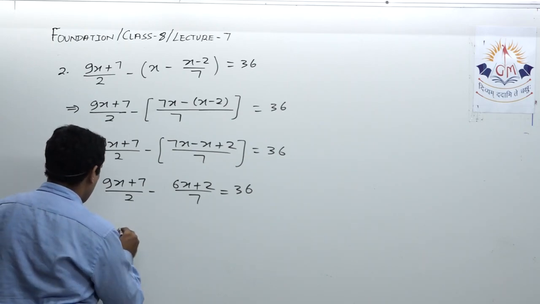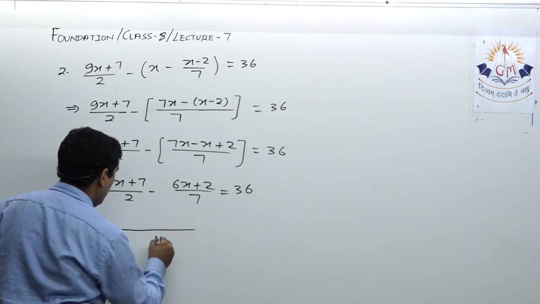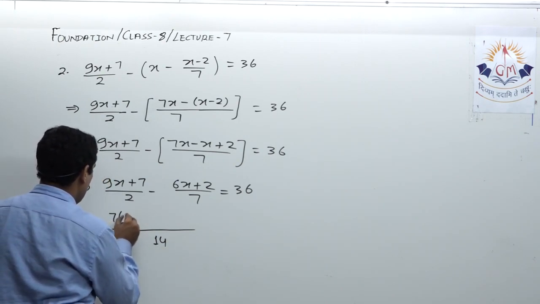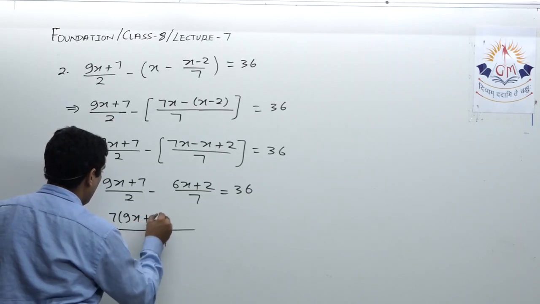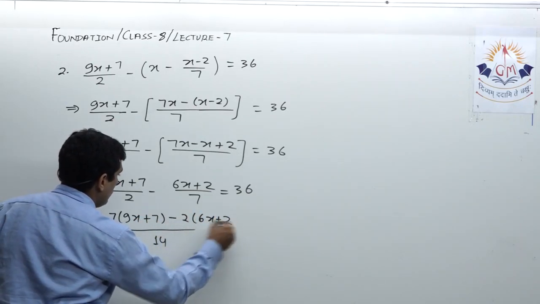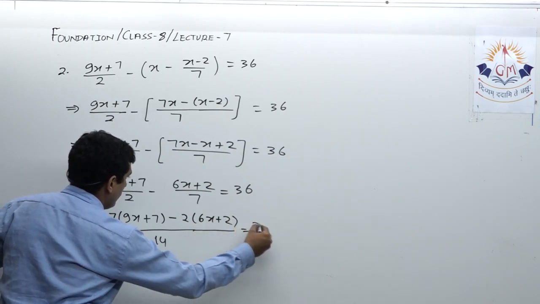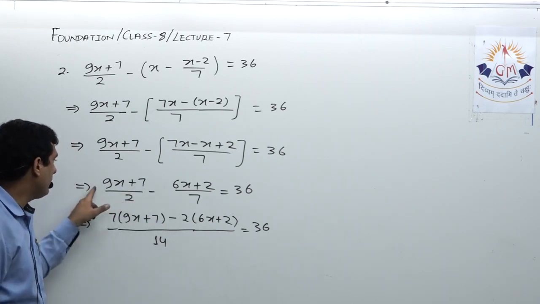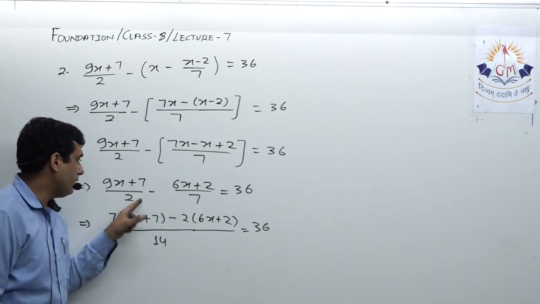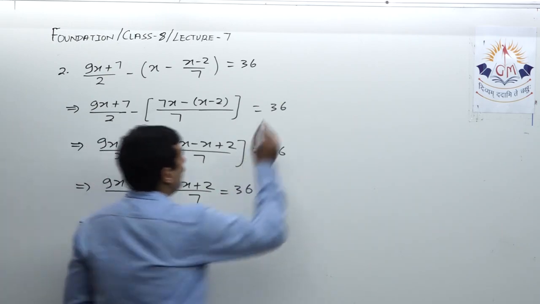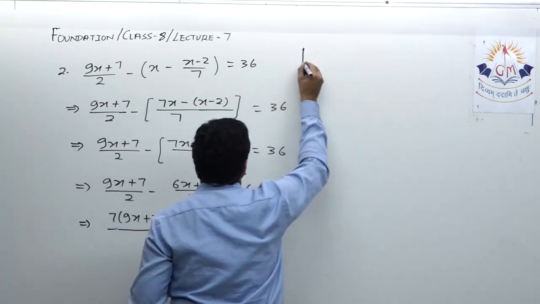So here the LCM will be 14. So here it is 7 into 9x plus 7 minus 2 into 6x plus 2 is equal to 36. The LCM of 2 and 7 is 14. So here 7 into 9x plus 7 and over here 2 into 6x plus 2. So let us solve it further.